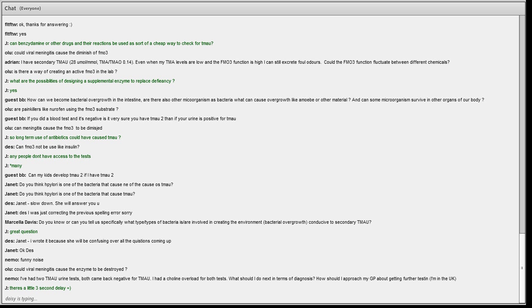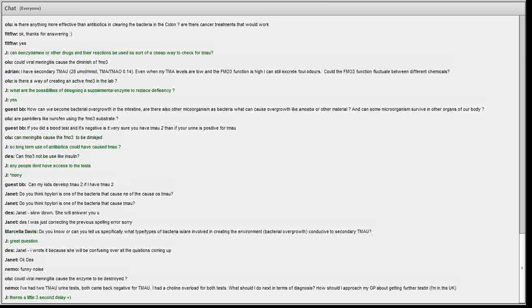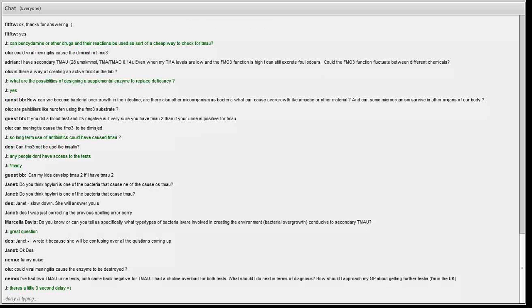Okay, so if you are diagnosed with trimethylaminuria from a urine test, but your genetic test is negative, then you may not have primary TMAU, but you might have. And the reason I say that is because we don't know all the mutations that cause trimethylaminuria. The gene is very big. The protein, I said, was 532 amino acids, so that's about 1,600 bases of A, T, C's, and G's.